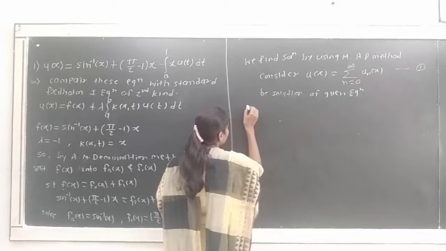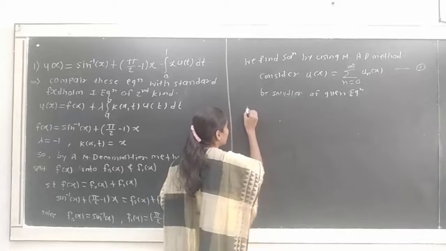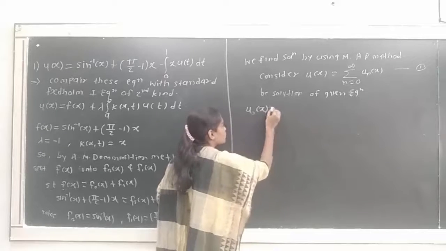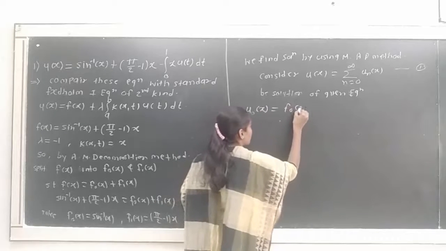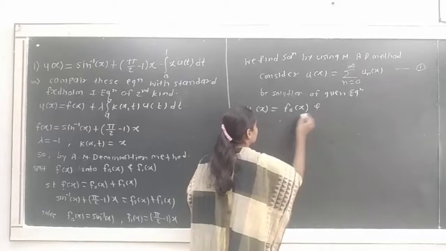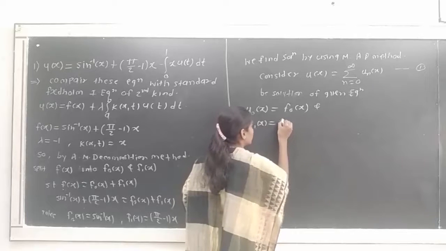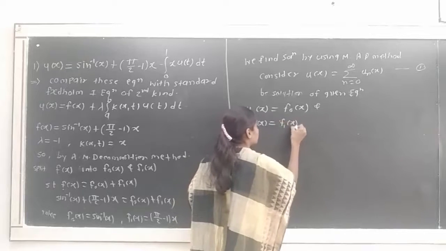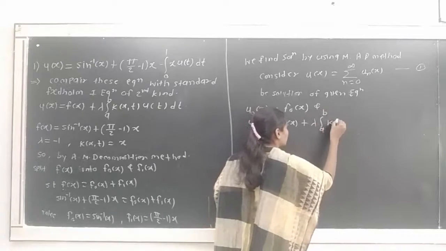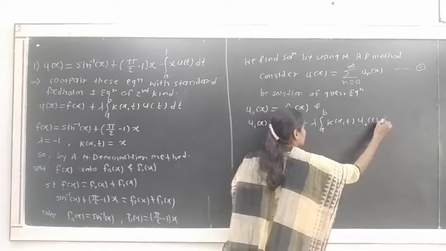By the modified Adomian decomposition method, we consider the first component u0 of x equal to f0 of x and u1 of x equal to f1 of x plus lambda integration from a to b k of xt into u0 of t dt.